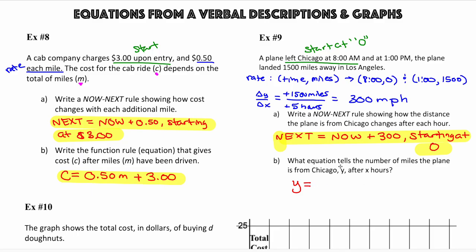Our rate of change was 300 miles per hour, so we would have y equals 300x, and then our starting distance was 0. So our starting coordinate was at 0, so we would have plus 0, which in this case we don't have to put anything. So y equals 300x. Because again, this was the distance, the number of miles. What is the number of miles we started at? 0 miles.